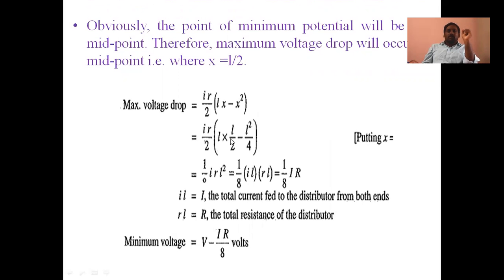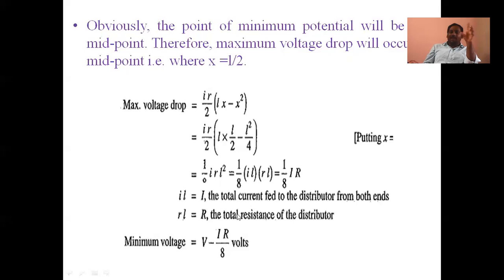That's why L into L by 2 minus L square by 4 gives one by eight i L into r L. Here iL is capital I, as we already discussed, and r into L is capital R. So the maximum drop is IR by 8, where I is the total current fed to the distributor from both ends and R, that is r into L, is the total resistance of the distributor.